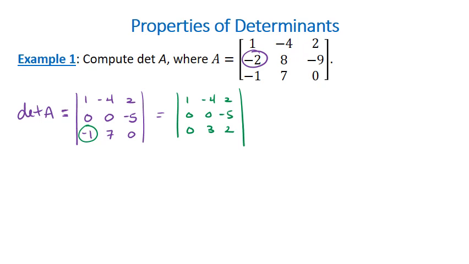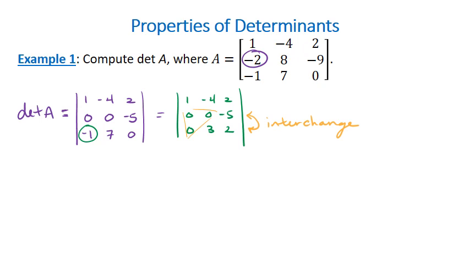Now, one of the operations that we didn't use very frequently was interchanging the rows. Now, if I look at this, I do have these zeros here. And if I swap these rows, or if I interchange, then I'll have that triangular matrix.